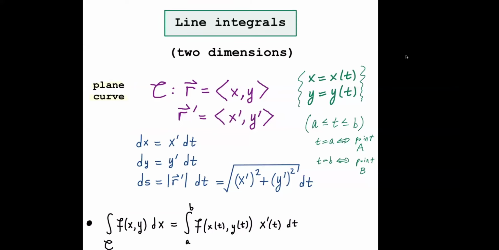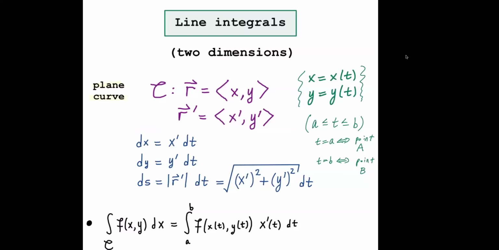We will always want to have a parameterization with x and y as functions of t, and t ranging through some interval. The initial point t equals a is the starting point of the curve. The terminal point t equals b corresponds to the terminal point capital B of the curve.